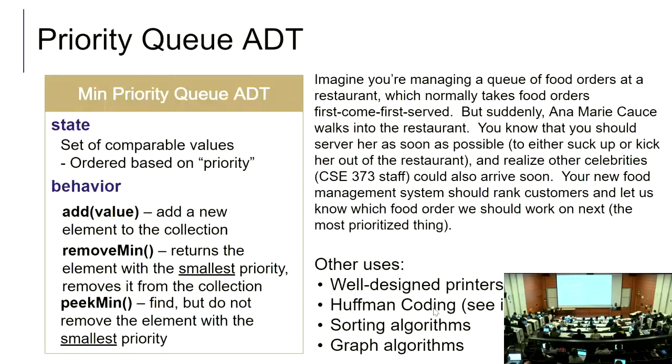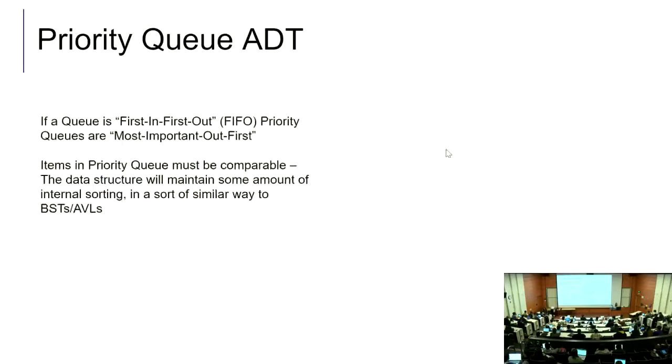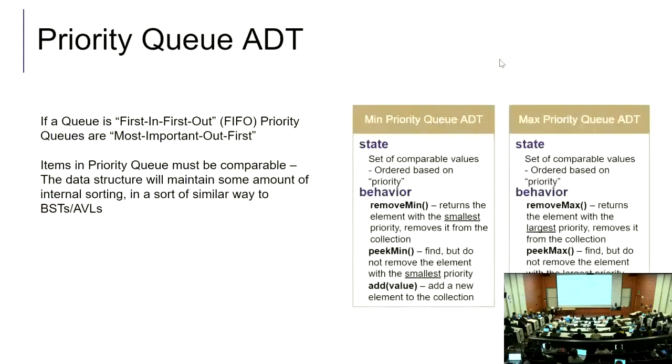Technically, you did use it if you did the Huffman coding project in 143. I think they actually had you use a priority queue in that. And I think if you opened it up and looked at the priority queue, it sort of maintains things in queue order, and it's not until you call removeMin that you see the order of it. Okay, most important first out. Yep, agreed. There we go.